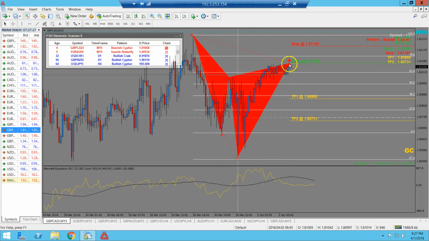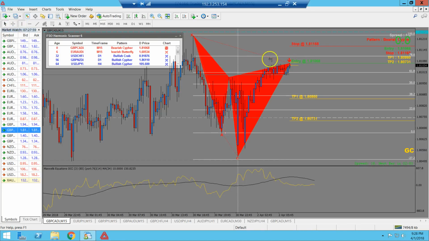If you're worried about entering this and then having it extend and experiencing some drawdown, well, this is a strategy that you can use. Just break out your little Fibonacci tool, and depending on the pattern, go from point X to point A, and then check point B, check point C. But the most important one is going to be point D, because this is the point that will expand.